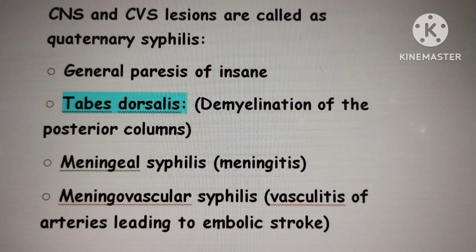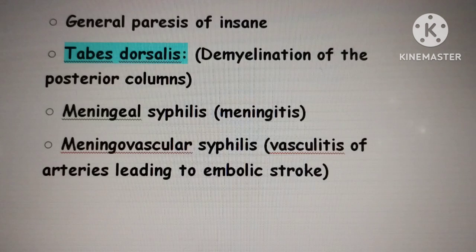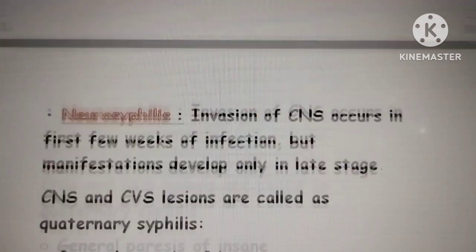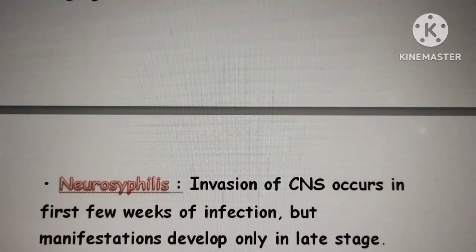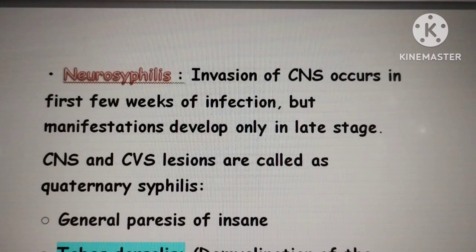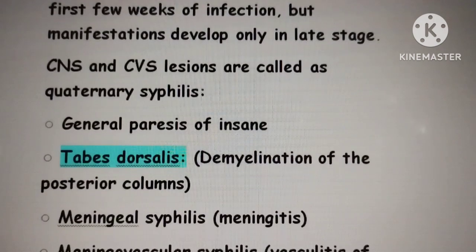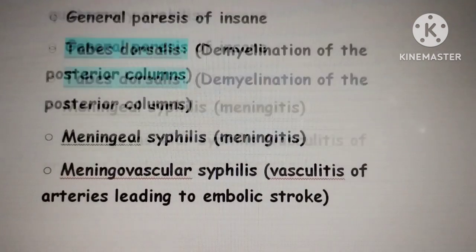Meningeal syphilis and meningovascular syphilis are because of vasculitis that can lead to embolic stroke. Just remember, tabes dorsalis is seen in tertiary syphilis. If the option neurosyphilis has been given, you can go for neurosyphilis. Okay, thank you friends.